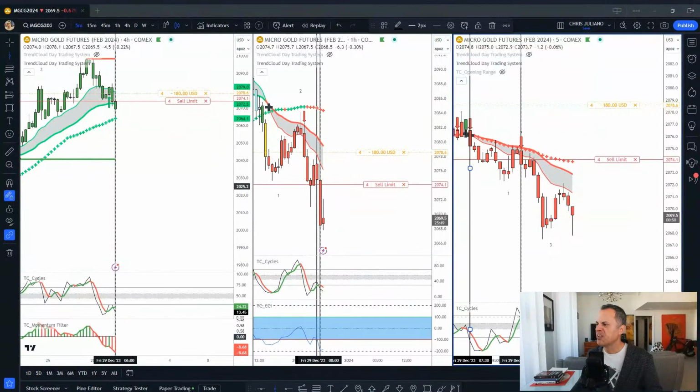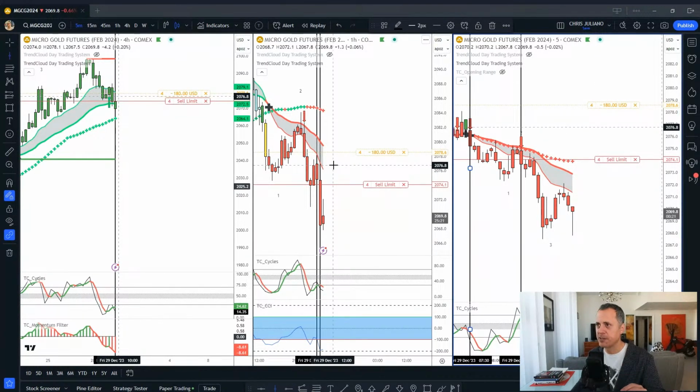Down signal, top of the cycle, just starting to cycle down. Momentum is below negative 100. Chuck, I don't know if you looked at that yet, but if we're taking supply zones, we need to be in a downtrend on the 1-hour chart, and clearly we are. TrendCloud is a visual representation of what's going on in price on your chart.